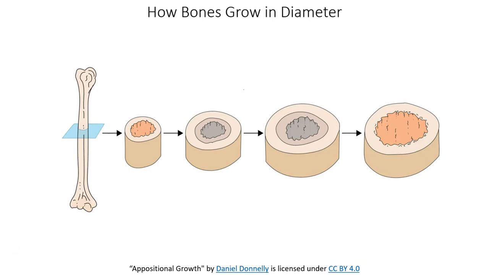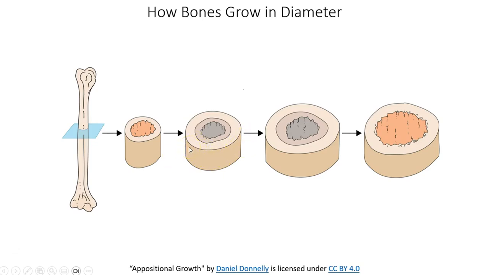And so what happens here is osteoclasts, so the cells that are breaking down bone tissue, they are going to reabsorb older bone inside of that medullary cavity. So they're going to slowly break that down a little bit, not super quickly, it is going to be pretty slowly. And the osteoblasts, so building bone cells, they are going to produce more bone tissue right underneath that periosteum, that outer covering.